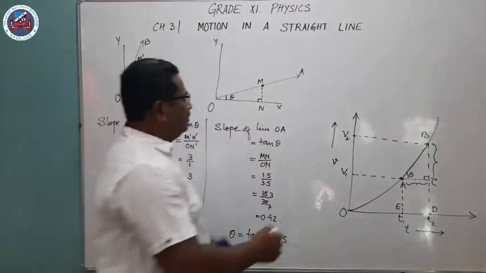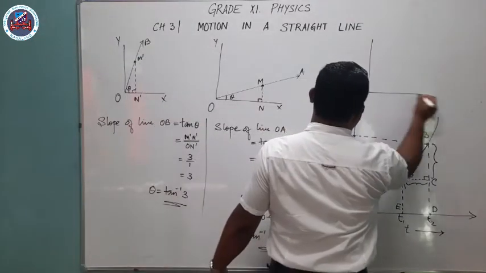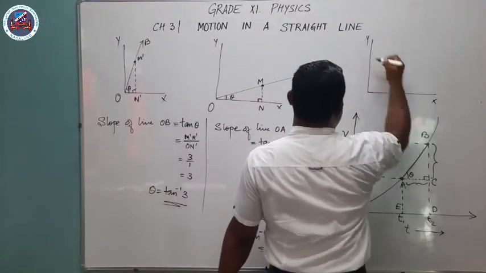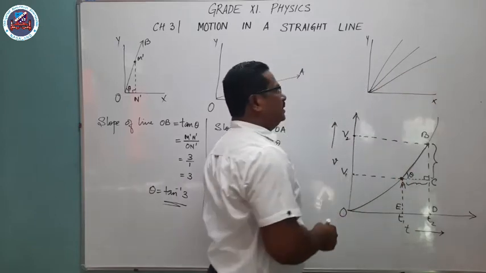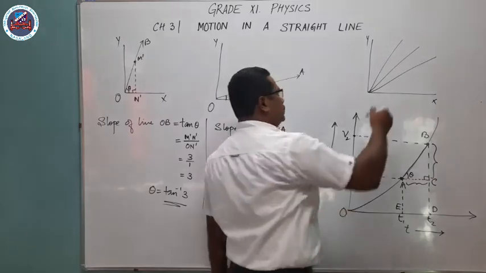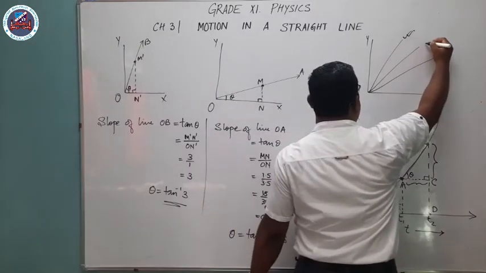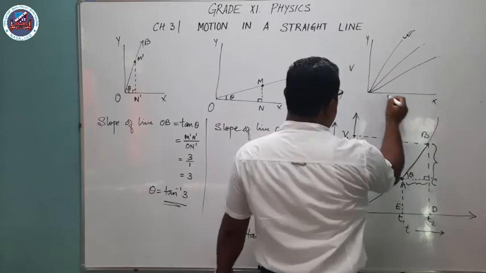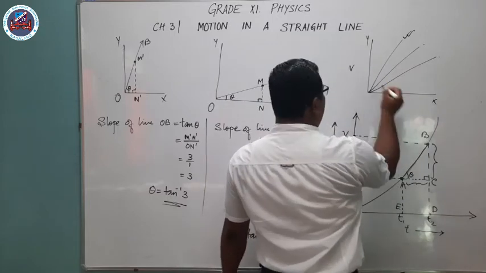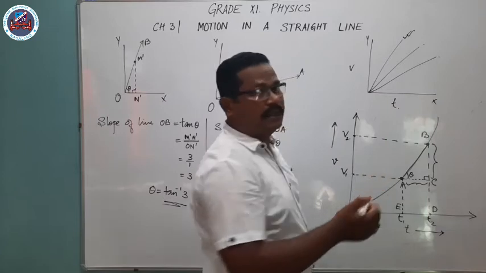Now in the same graph, if two lines are given to you like this, x-axis, y-axis, then by looking itself you can make out here the slope will be more, here it will be less, here it will be again lesser. Suppose this is velocity, this is time. Velocity by time gives us what? Acceleration.